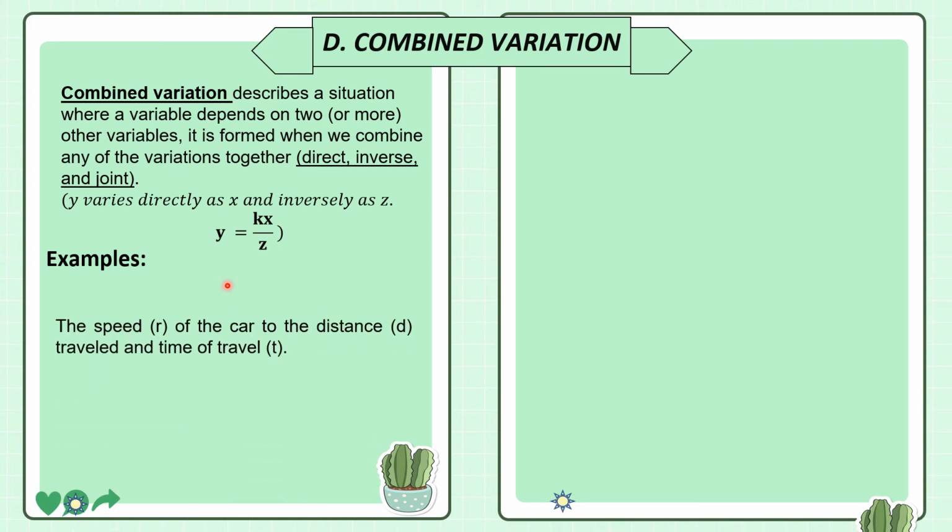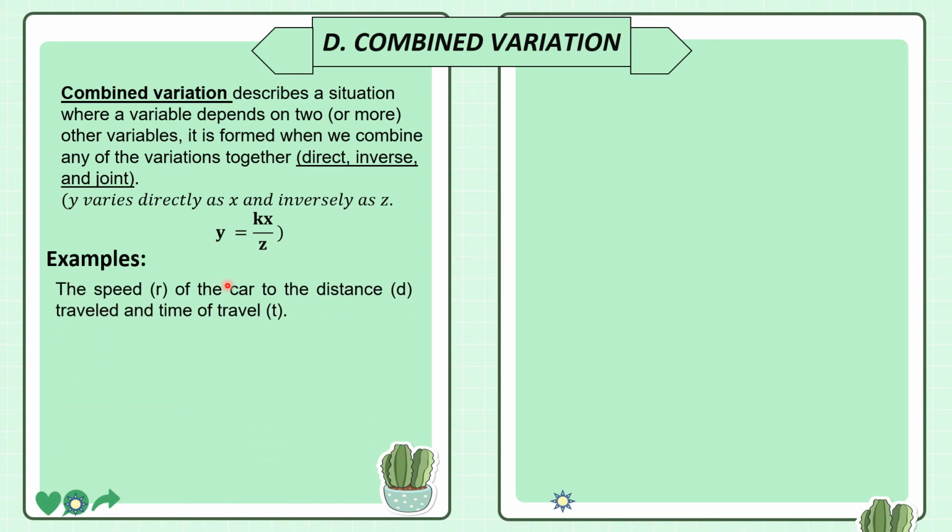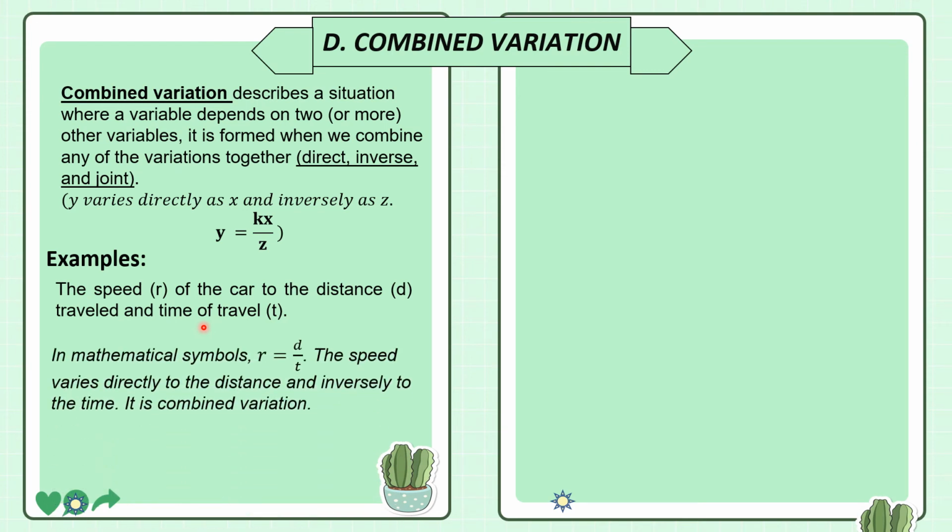Let's have another example. The speed r of the car to the distance d traveled and time of travel. So this one is an example of a combined variation. In mathematical symbols, r, the speed of the car, is directly proportional to the distance and inversely proportional to the time of travel.